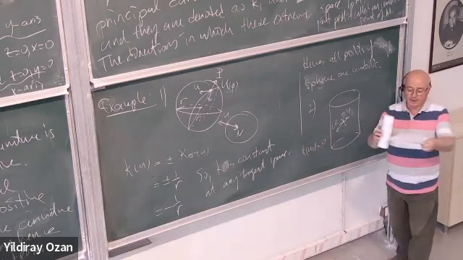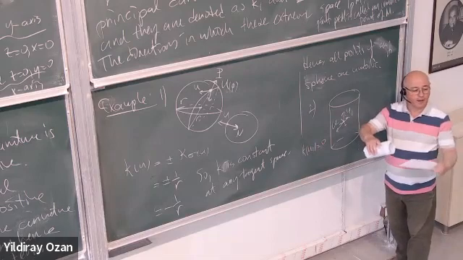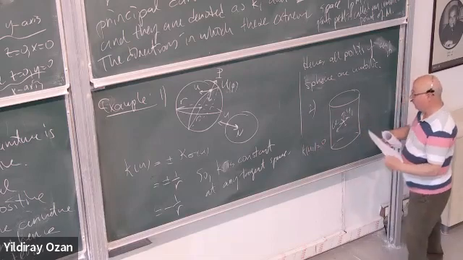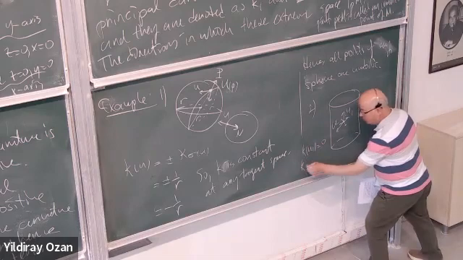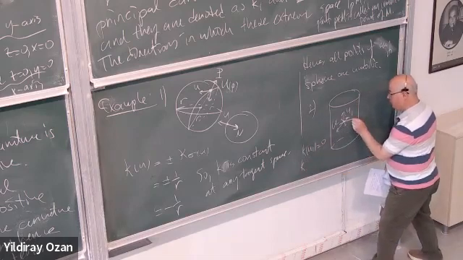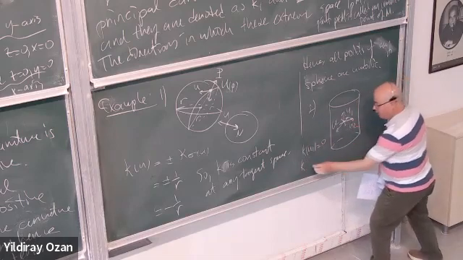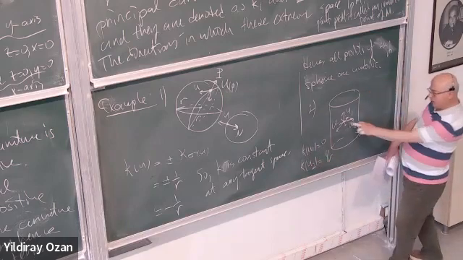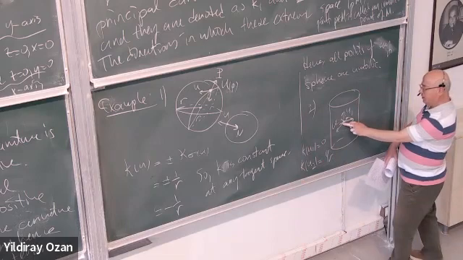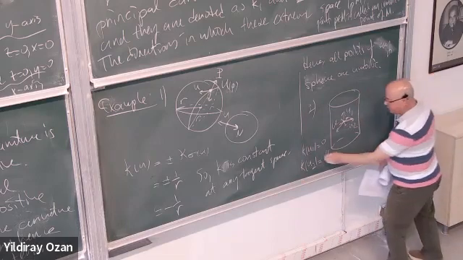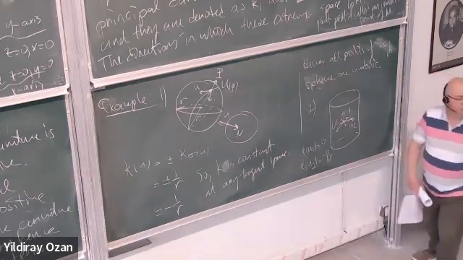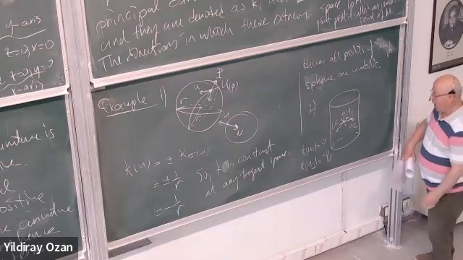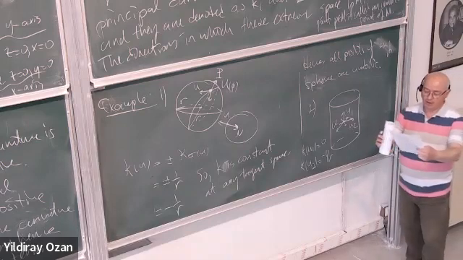If you cut it like this, the intersection will be just this circle, and its curvature will be 1 over r. But since I choose, again, the outer normal vector, this should be minus 1 over r.